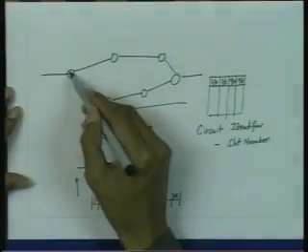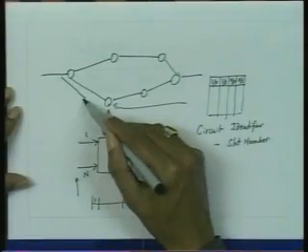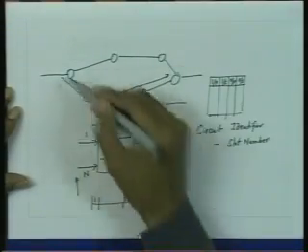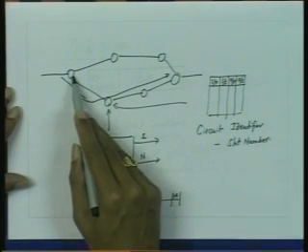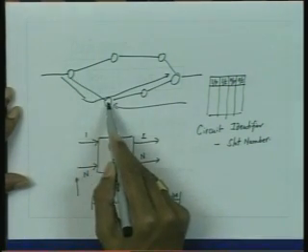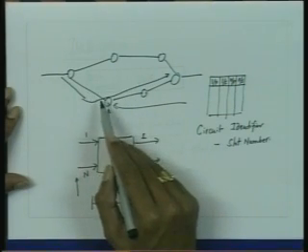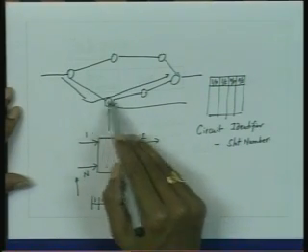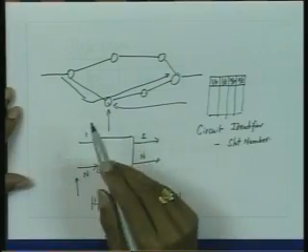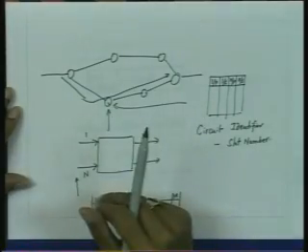Now in circuit switching, when you are establishing a circuit between this source and this destination, we need to see that the time slots are available on each of these nodes. A certain portion of the bandwidth therefore must be available on each of these links between the source and the destination.